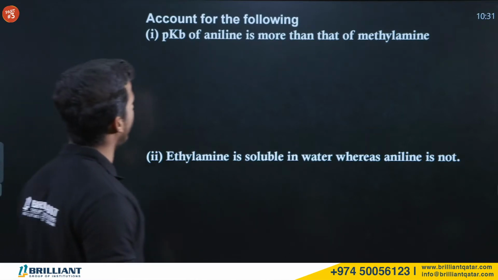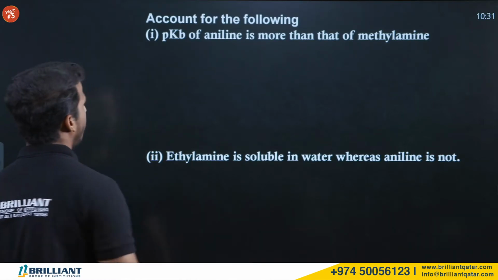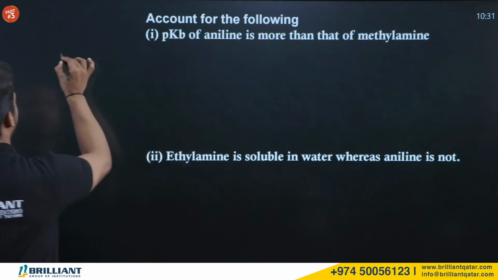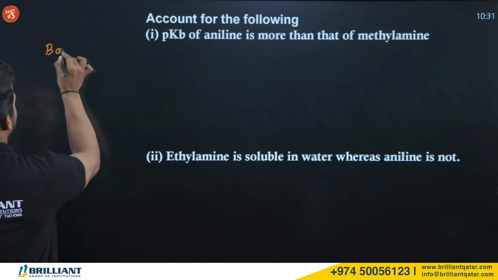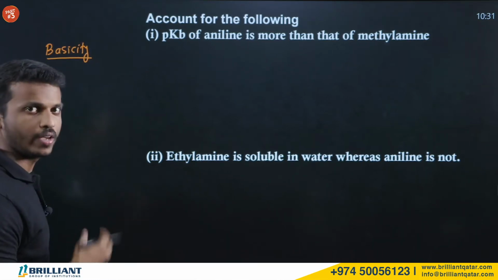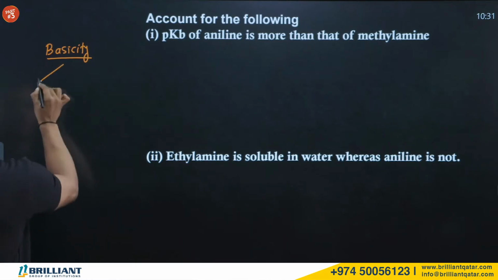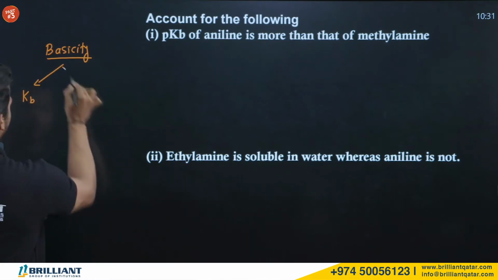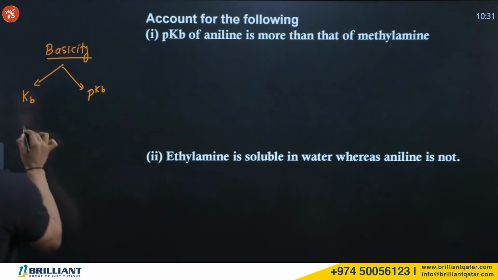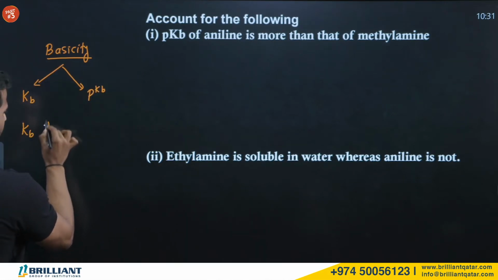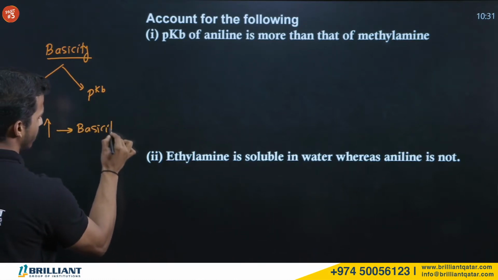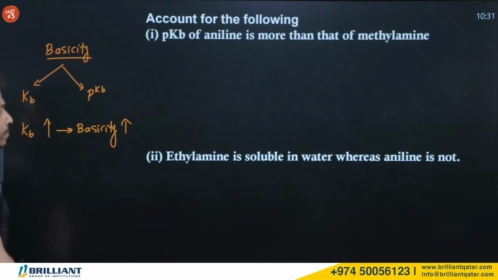Reasoning question, dear student. Account for the following: pKb of aniline is more than that of methylamine. Dear student, generally how basic a compound is can be explained in different ways, either by using the Kb value or by using the pKb value. If the Kb value increases for a system, we can say the basicity of the base is greater.